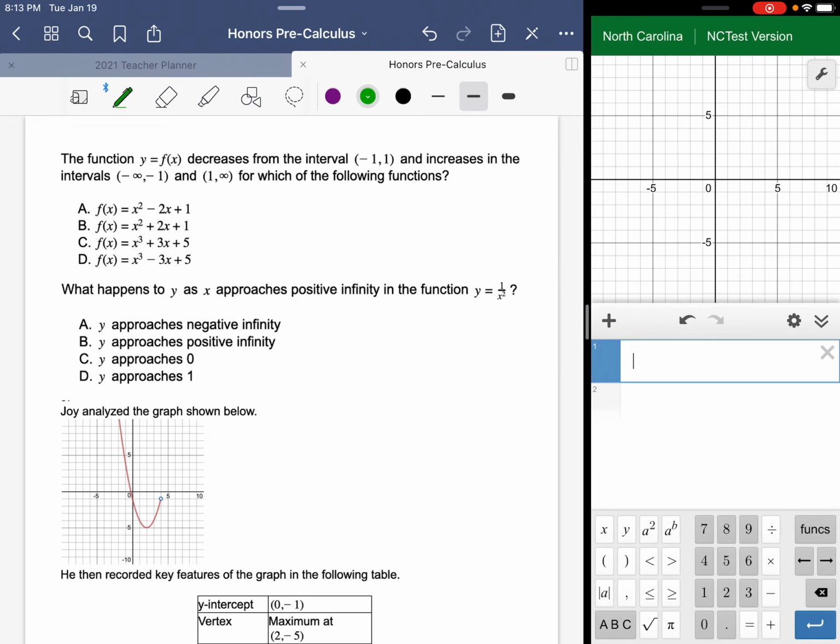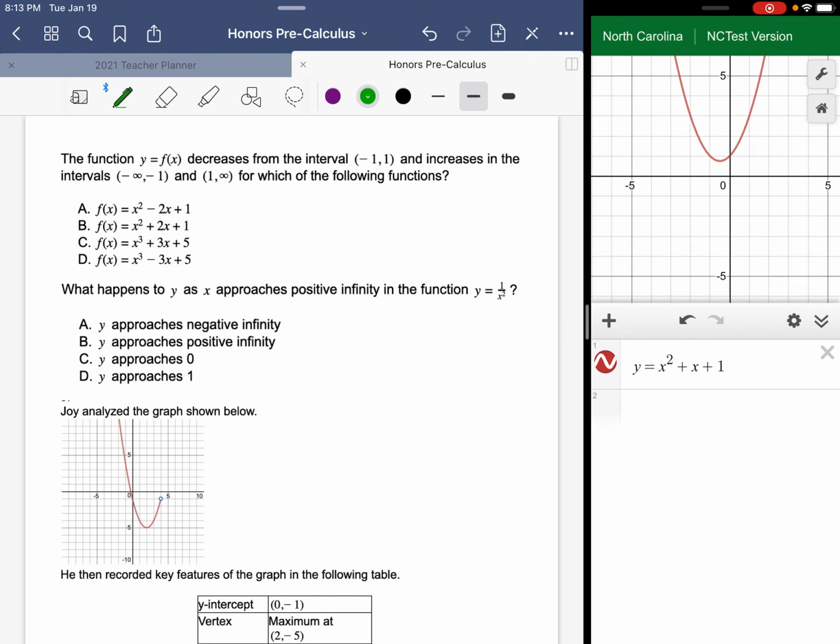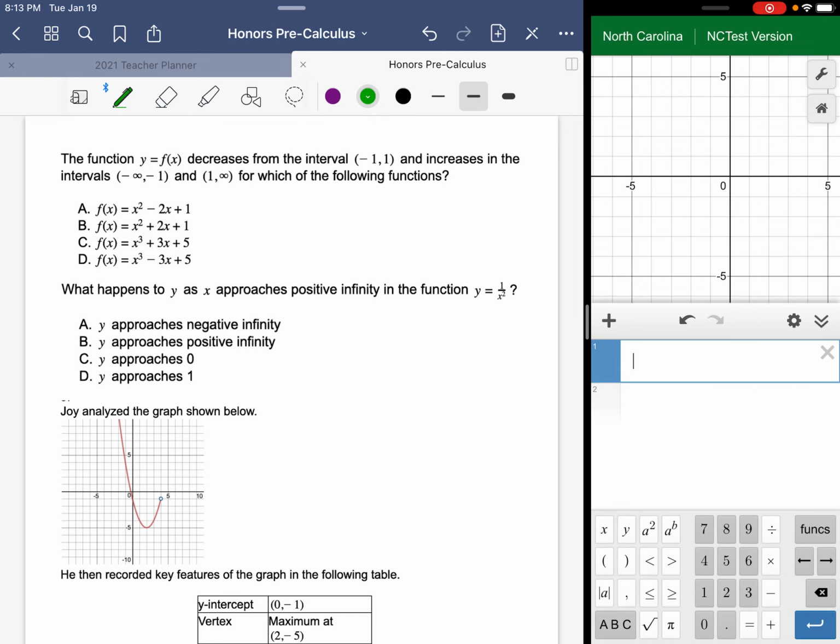So it doesn't actually change from increasing to decreasing multiple times. So that's not going to work. So I have x squared again plus 2x plus 1. Same concept here. I'm decreasing from the left. It stops decreasing around negative 0.5, starts to increase again. That's not going to work either.